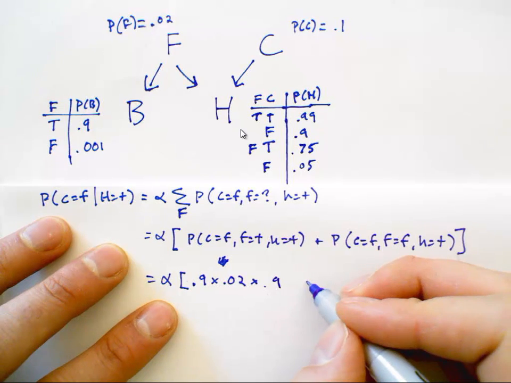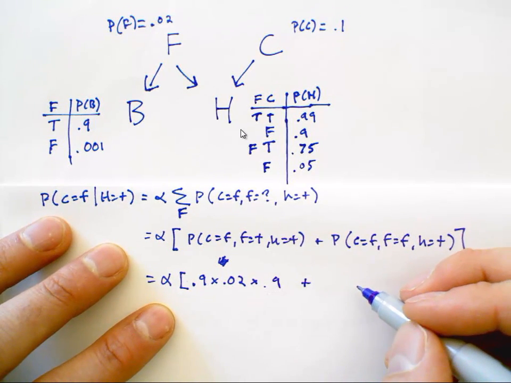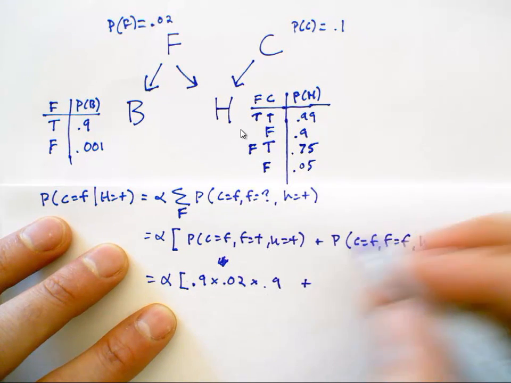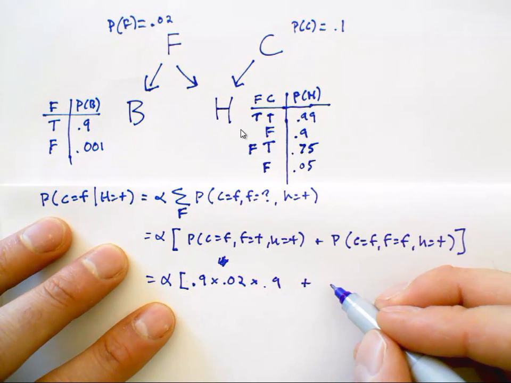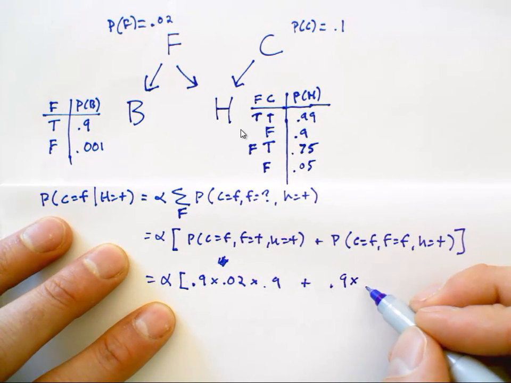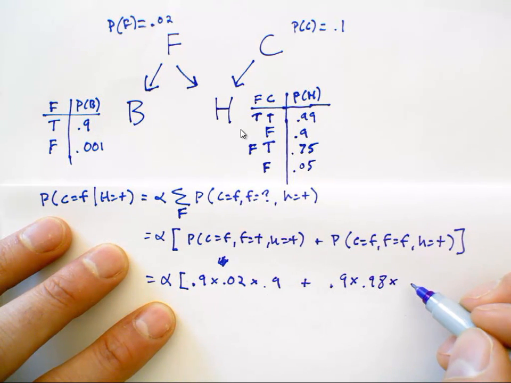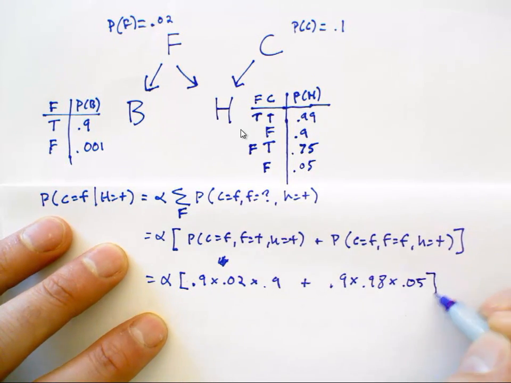Okay, this other case. Joe, bring it home. C is false is 0.9. Probability that F is false is 0.98. And then probability that H is true given that C is false and F is false is 0.05.